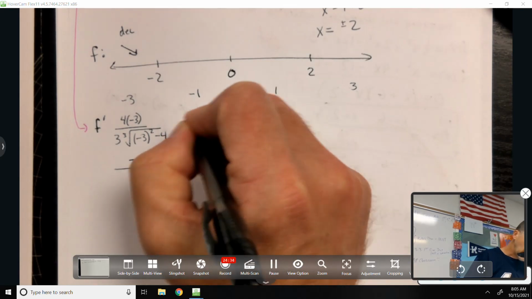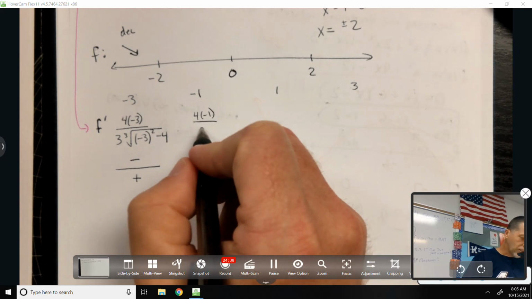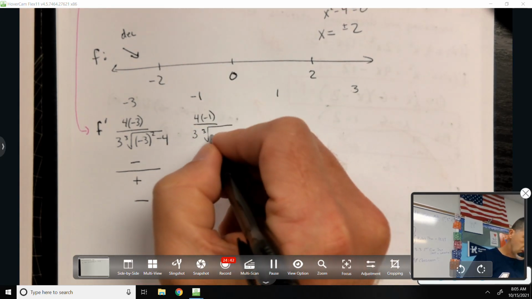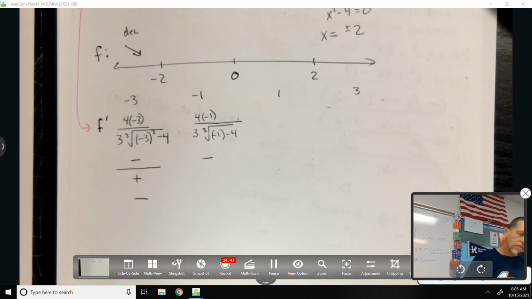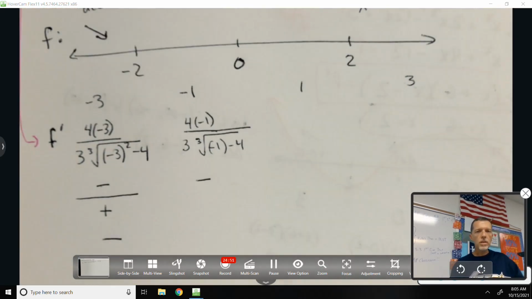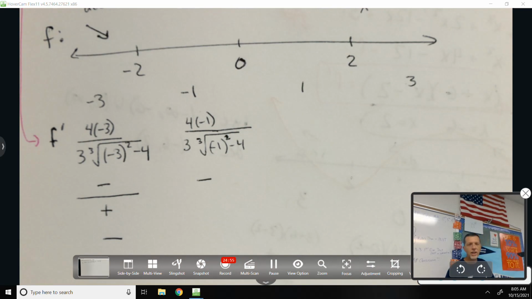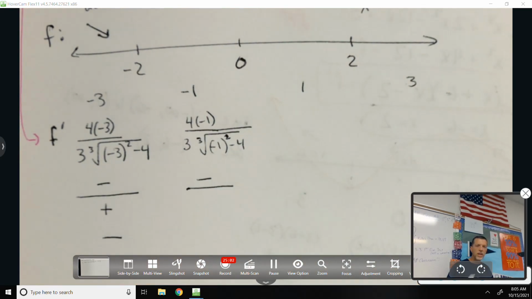All right, plug in negative 1, get the next interval. Goodness, at this point I could just leave off that 3 that's out front because that doesn't change the sign of anybody. So negative in the top for sure. Let's see, if I square negative 1, I get 1. 1 minus 4 is negative 3.